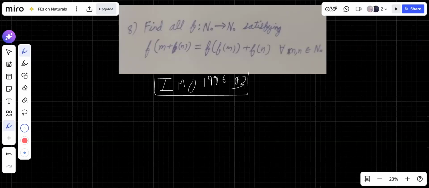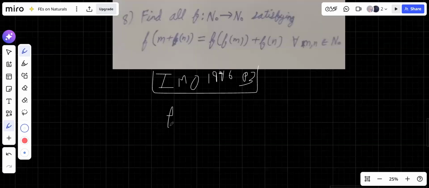One thing we get is f of n is equal to f of n. If everyone here knows injectivity, you can just directly use the hint, right?